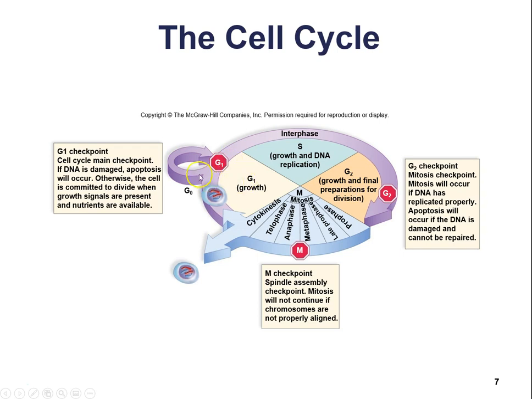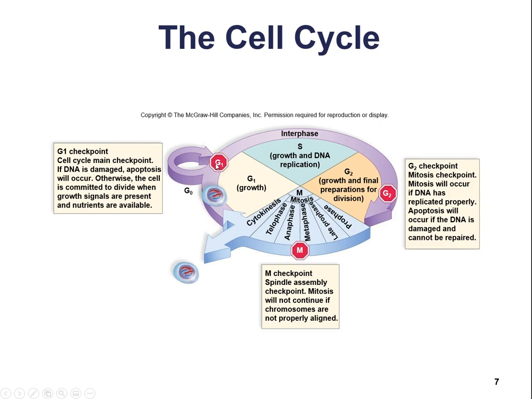Another thing to note, this is showing you this G sub 0. Remember I mentioned that cells that are not actively dividing will be in this sort of resting stage. Now, if something came along to stimulate them to divide, they could re-enter the cell cycle, okay? That's what this is showing you here. In terms of these little stop signs, these are checkpoints, okay?